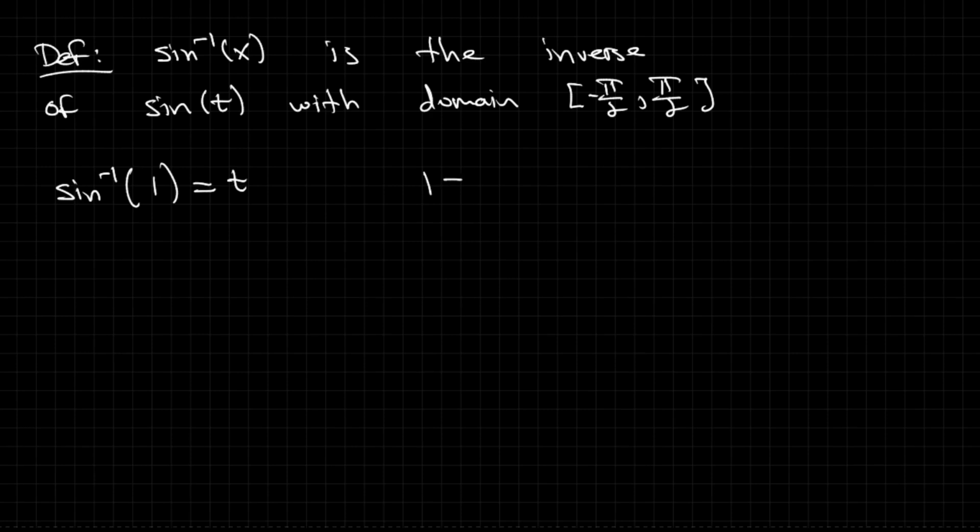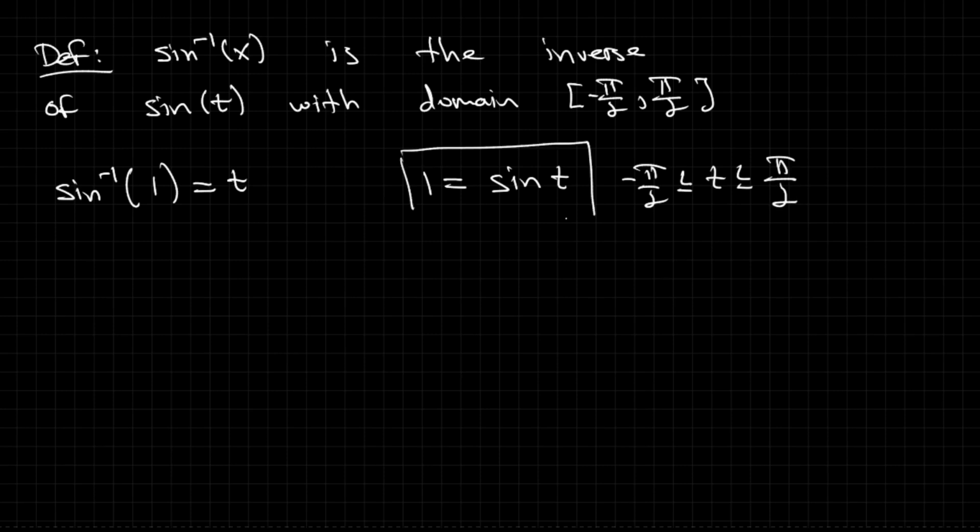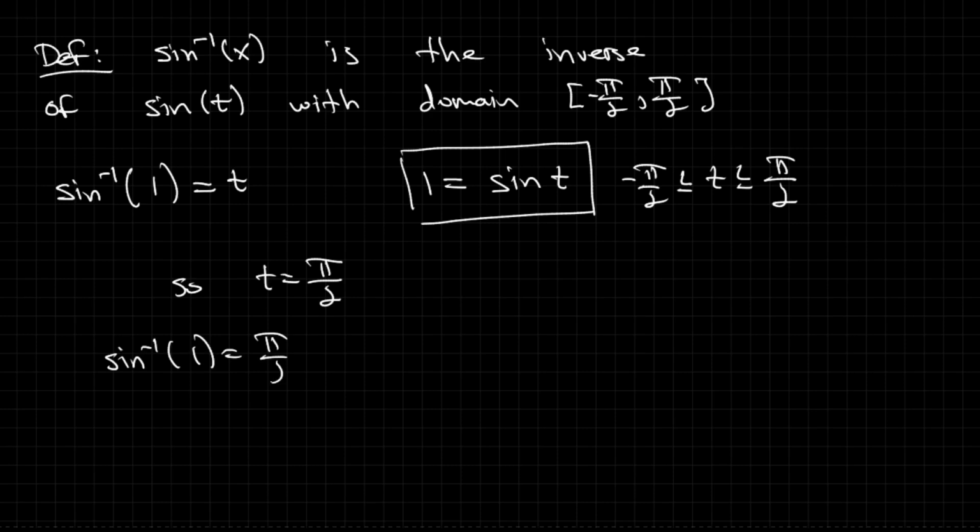So that means that 1 equals sine of t, and t has to be between minus pi over 2 and pi over 2 because that's how we defined our domain restriction. And so at this point you have to think, what value of t between minus pi over 2 and pi over 2 gives me that sine of t is 1. If you thought about this for a moment, you would realize that t is pi over 2. So t equals pi over 2. And so sine inverse of 1 is pi over 2.